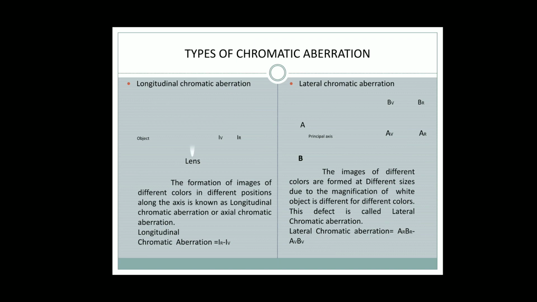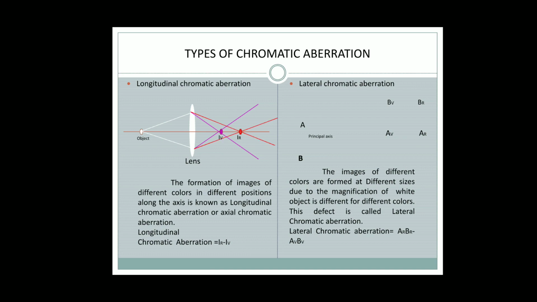How many types of chromatic aberrations are there? There are again two types of chromatic aberrations. One is longitudinal chromatic aberration and the second one is lateral chromatic aberration. In longitudinal chromatic aberration, if a white object is placed on the principal axis, the white light is incident on the convex lens and scattered into different colors.